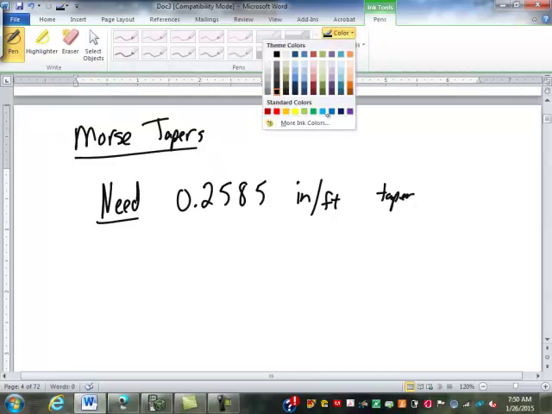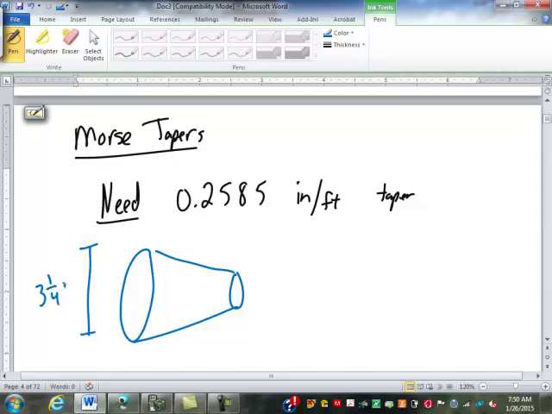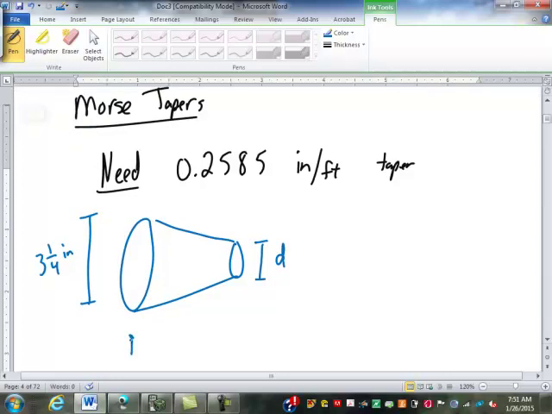And you have a part that has a large diameter of 3¼ inches. And this is going to go over a length of 20 inches, and you need to know what the small diameter is going to be.